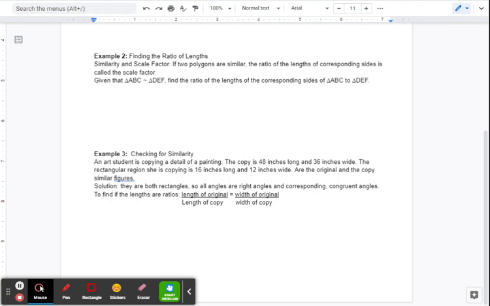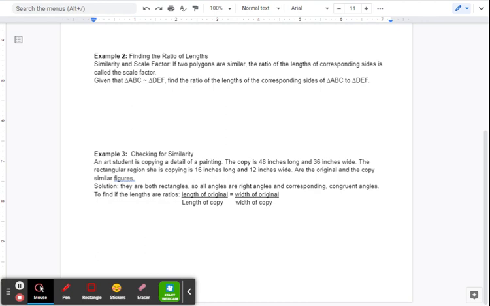So our scale factor is 4/3. Your scale factor is that ratio that they all share in common.